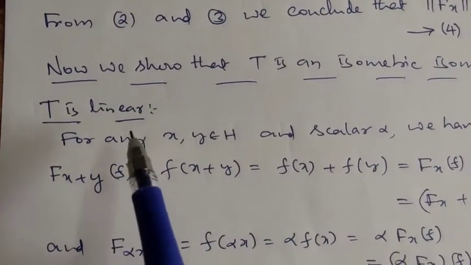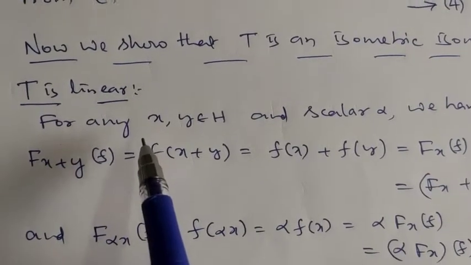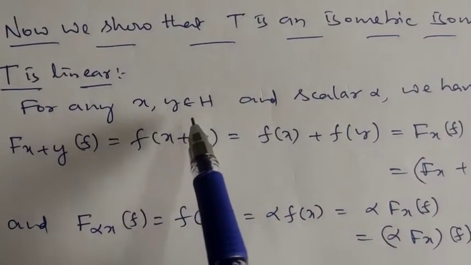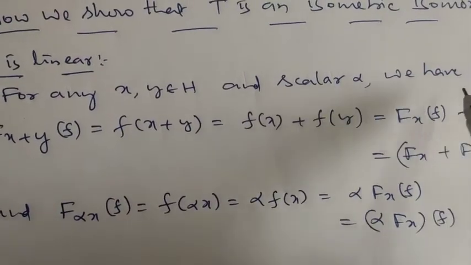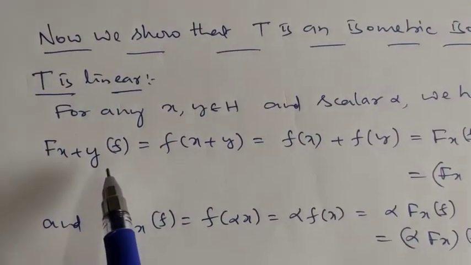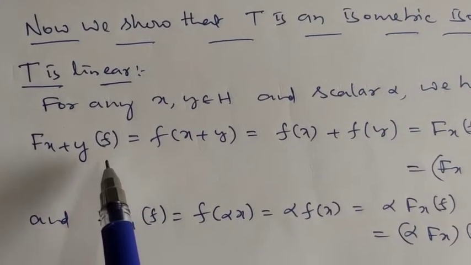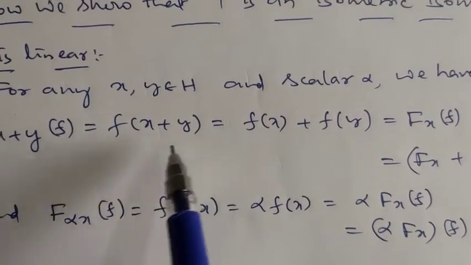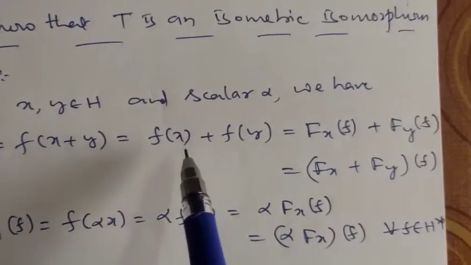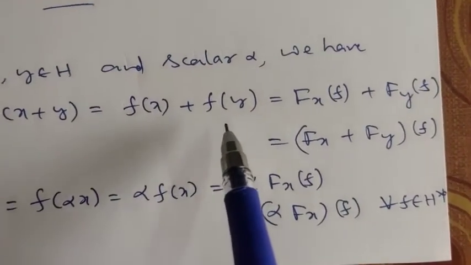First, T is linear. So let us take any two elements x, y belonging to H and a scalar alpha. Now we have Fx plus y of f. By definition, since f is linear, this is equal to f of x plus f of y.